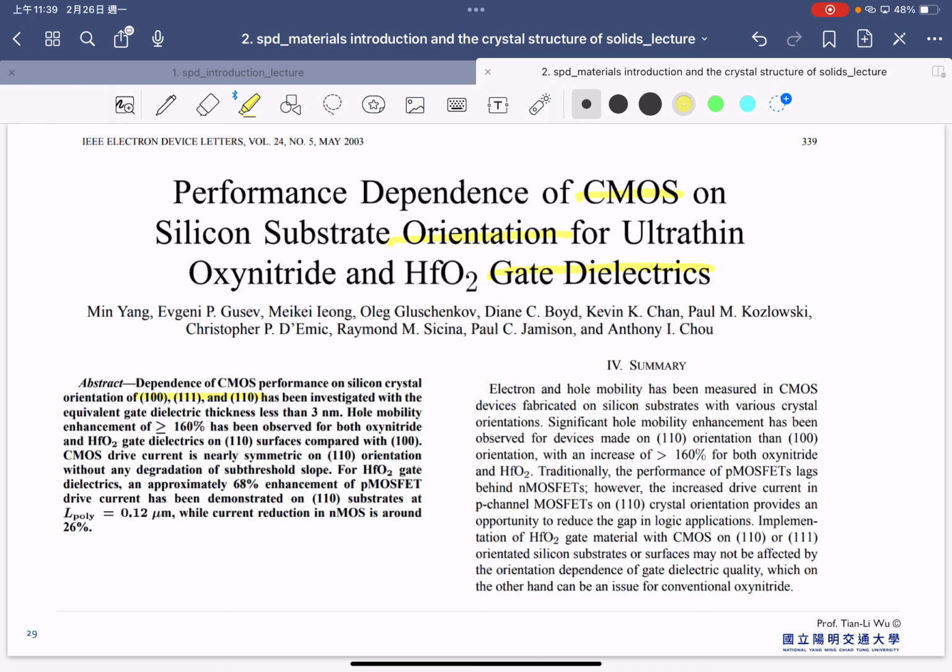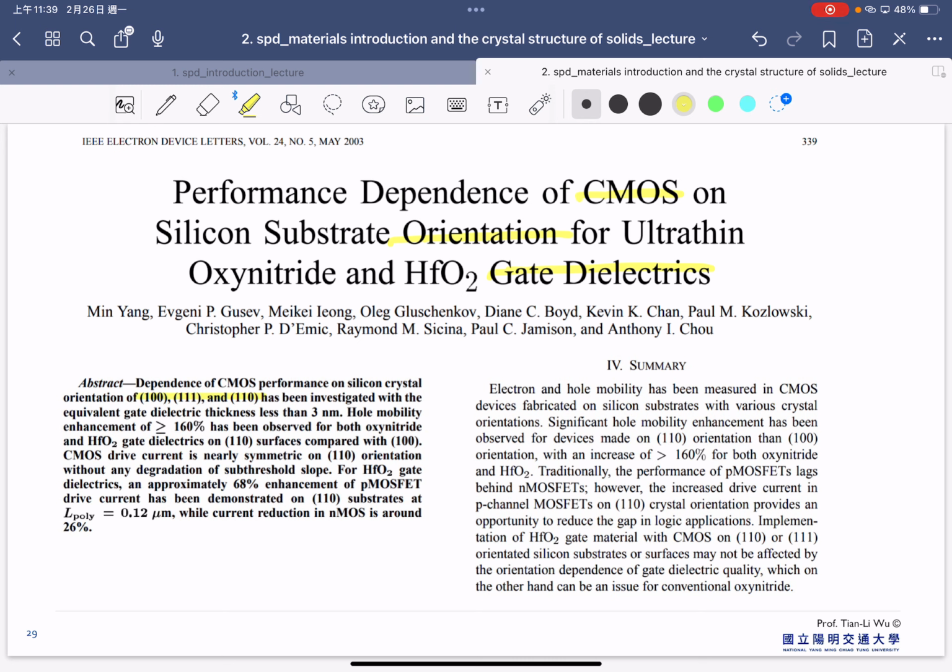In the beginning, you will probably feel like, okay, why have I learned the Miller index? It looks very simple, probably not very useful, and the calculation is very straightforward. But as you can see here, it is still very important.